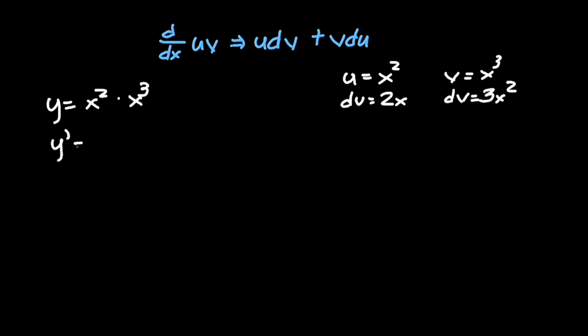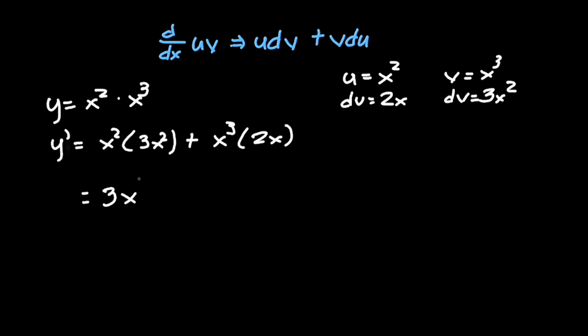Y prime now would be x squared multiplied by the derivative of v, which is 3x squared, plus v, which is x cubed, multiplied by the derivative of u, which is 2x. The final answer would be 3x raised to the power of 4 plus 2x raised to the power of 4.